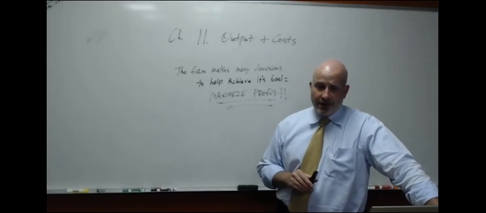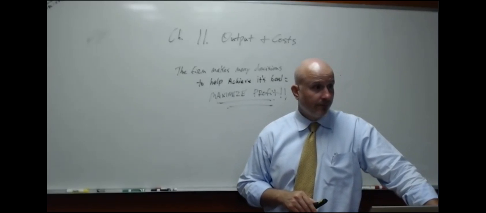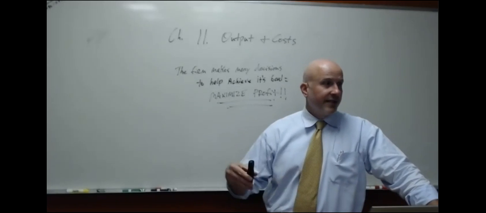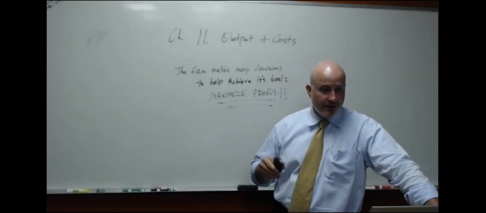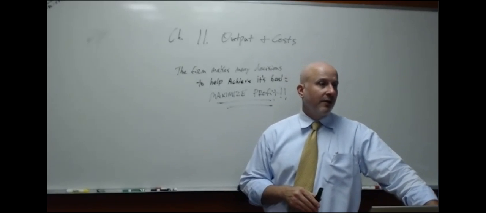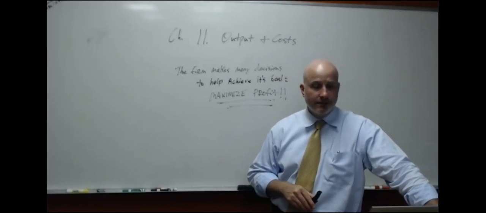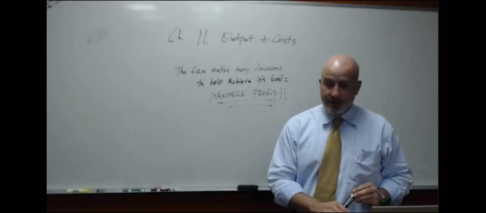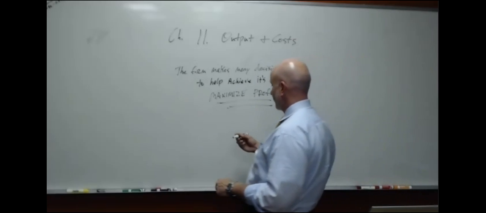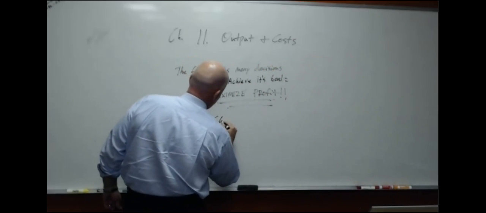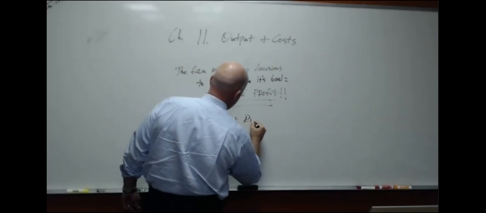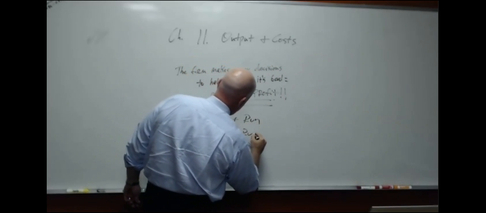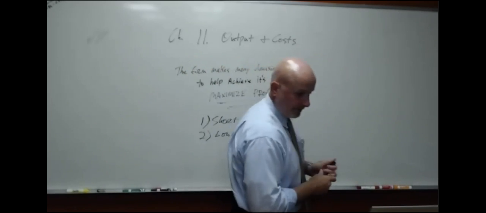Some decisions are irreversible, or at least very costly to reverse. Other decisions can be easily reversed, less critical to the survival of the firm, but still influence profit. And all decisions can be placed into two time frames. We're going to talk about the short run and the long run.